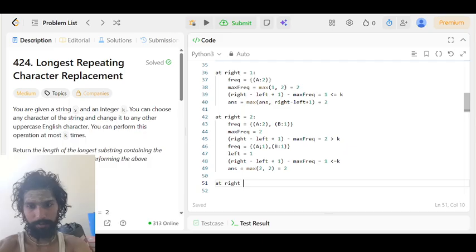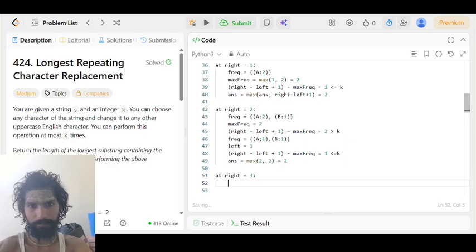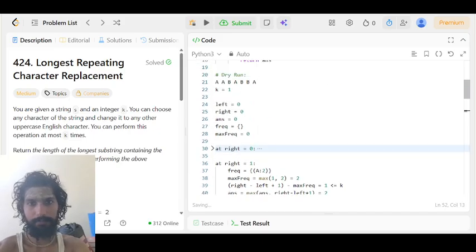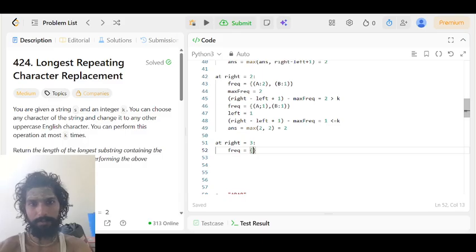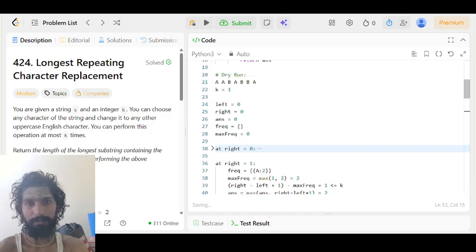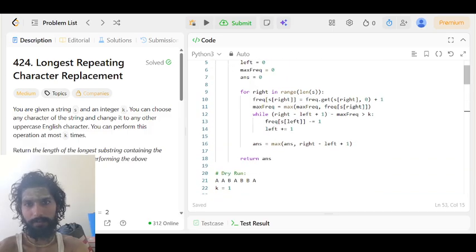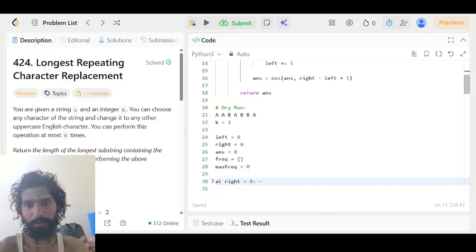Now at right equal to 3, freq equals, this thing is A. So freq will become A2 and B1, and max freq will become max of max freq and frequency of S right.